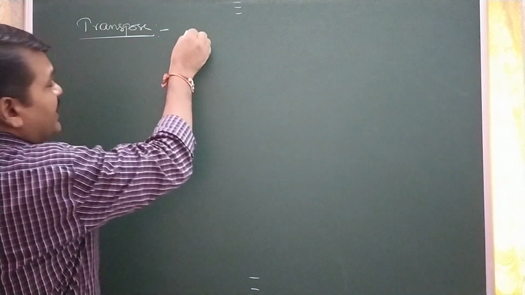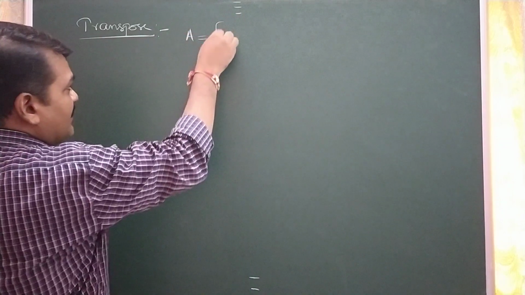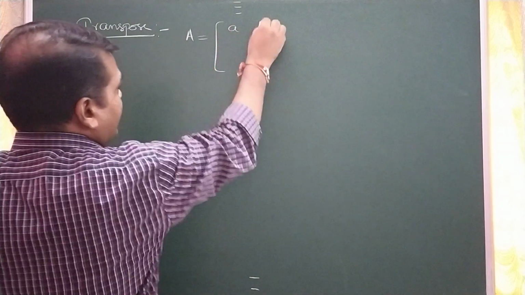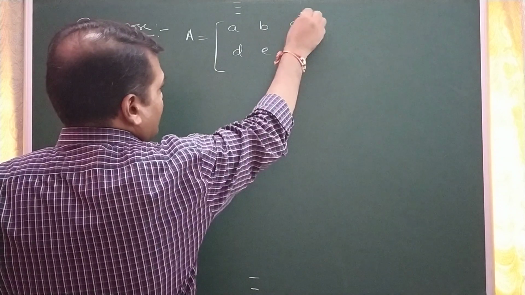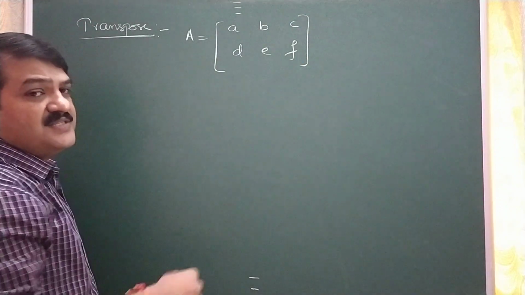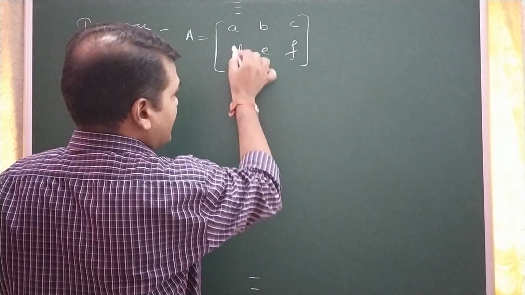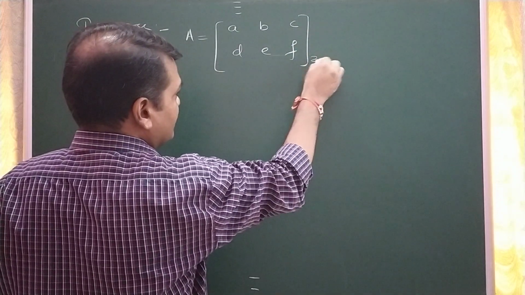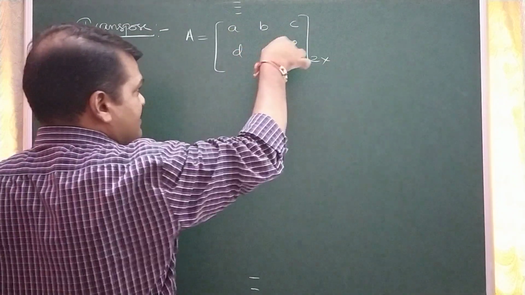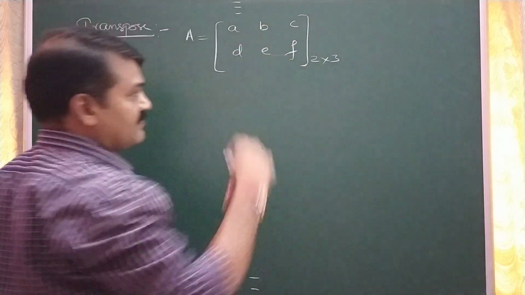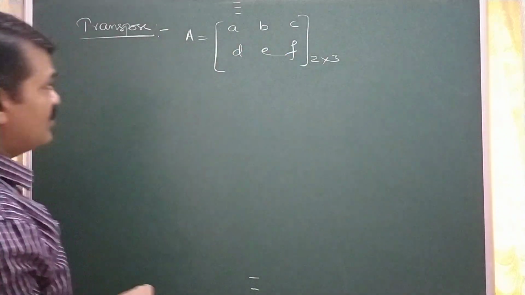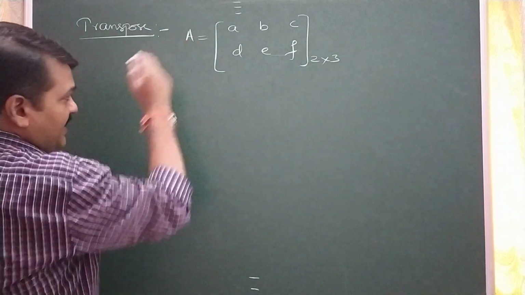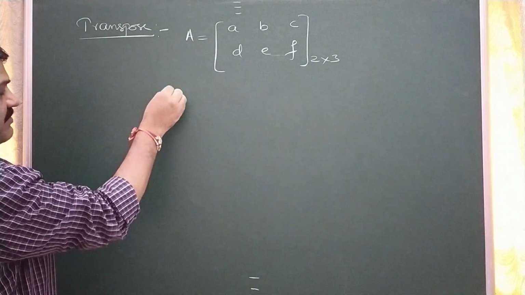That means if I take a matrix like this, what is the order of this? This has two rows and 3 columns, so 2 cross 3 is the order. The transpose of A is denoted by this symbol.